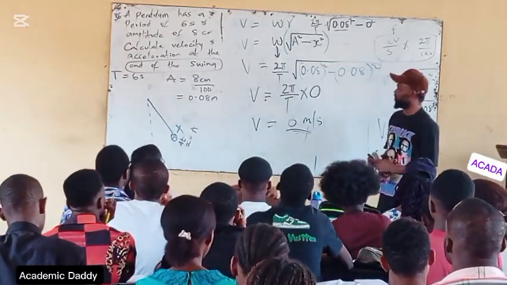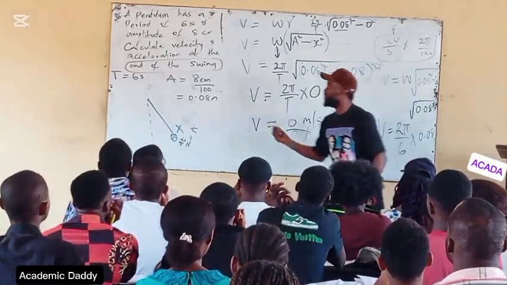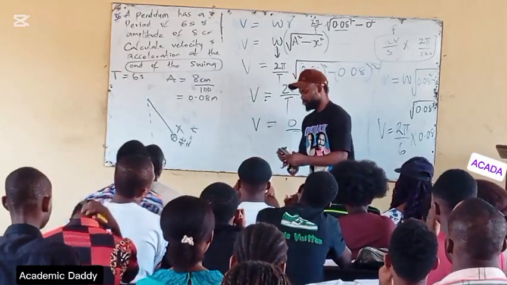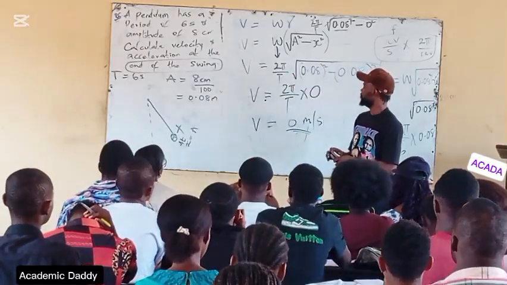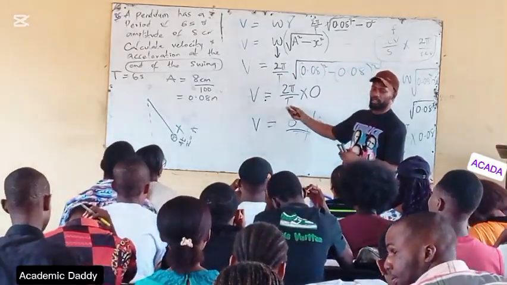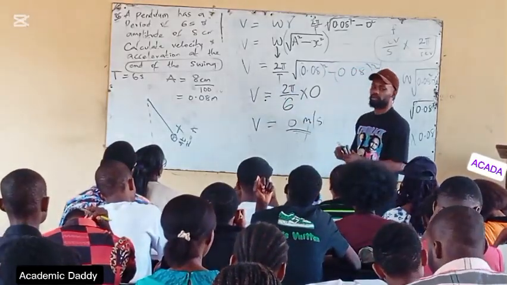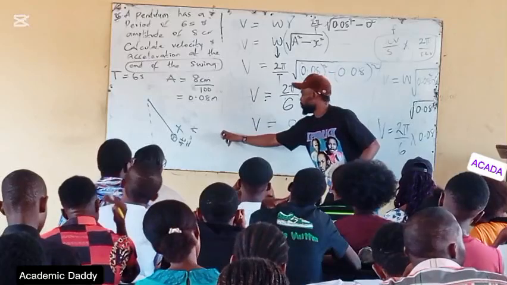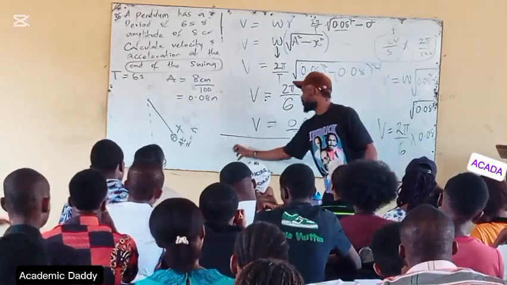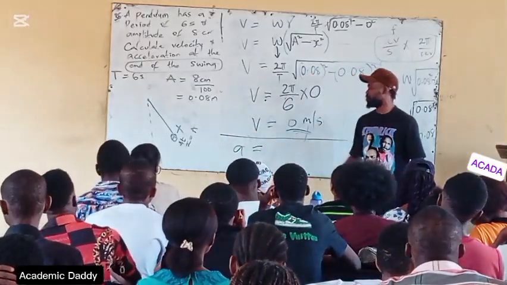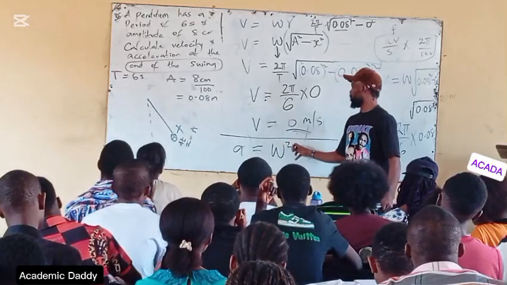Now to find the acceleration is simply still from our equation. No matter what you do to this thing, even if you put 6 in it, it will still be 0. So assuming we are finding acceleration, remember that from yesterday's class we said that acceleration is equal to w squared r.